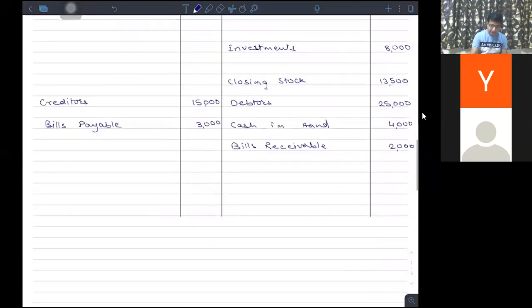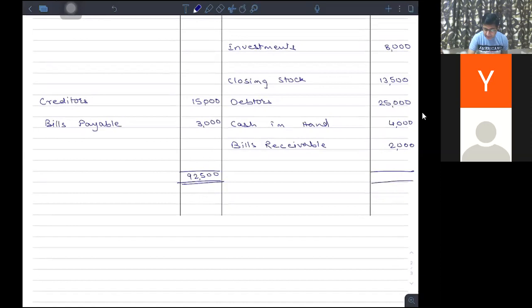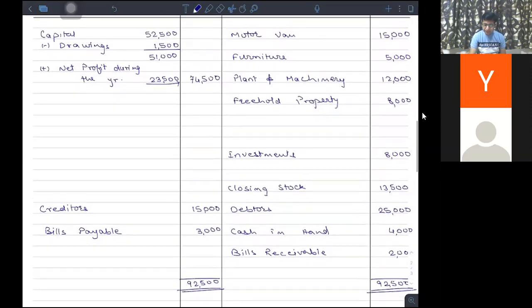Right? Now I need to take the total of the balance sheet, plus 15,000 plus 3,000, that is 92,500, must be the balance sheet total. I'll write the asset side first and check later. It has to remain the same.